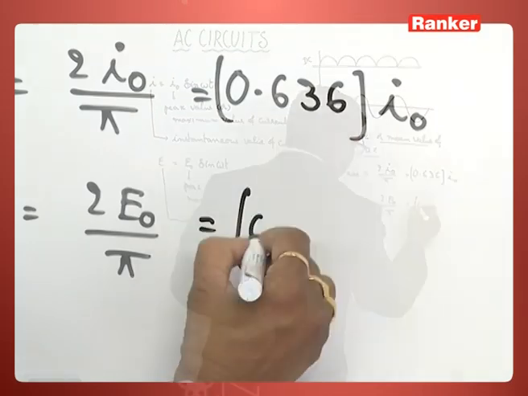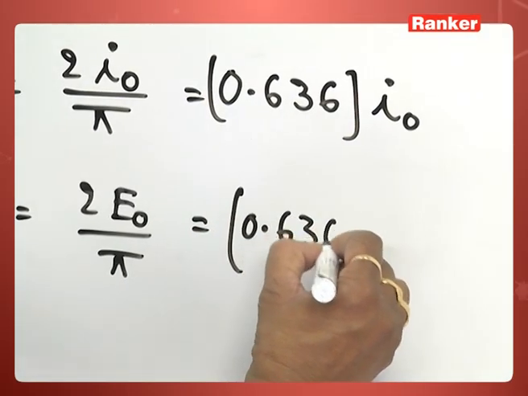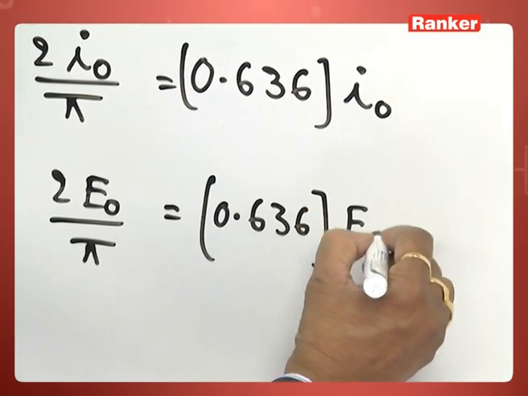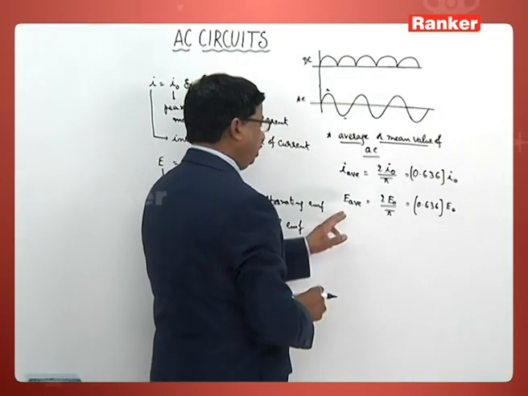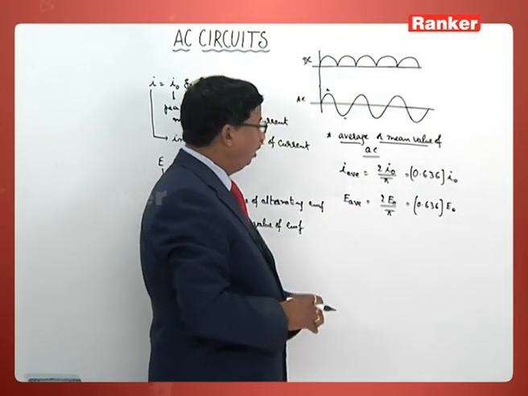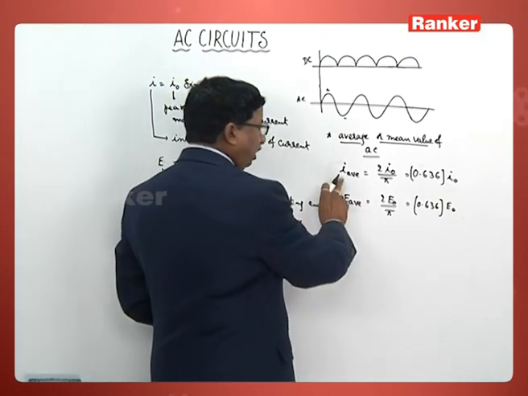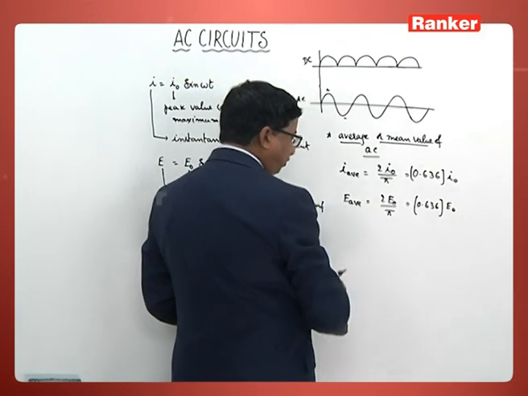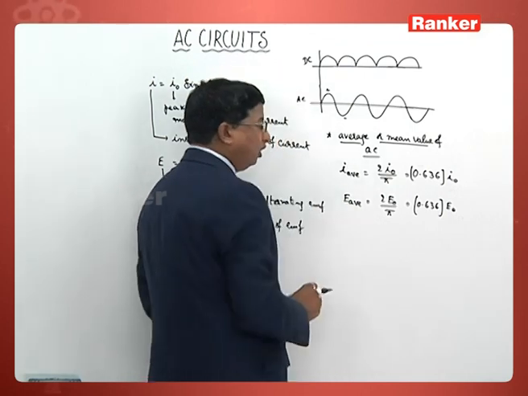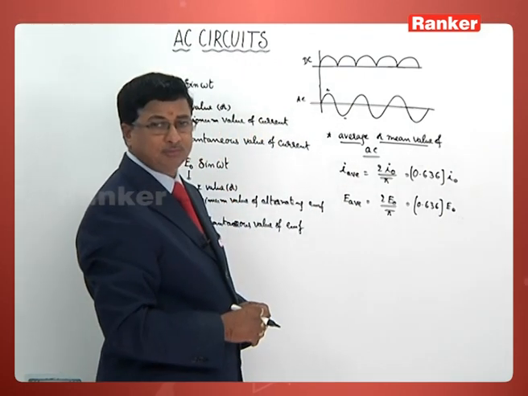Similarly, 0.636 times the value of E naught, we can write the value for average EMF. So one is the average value of alternating current and one is the average value of alternating EMF.